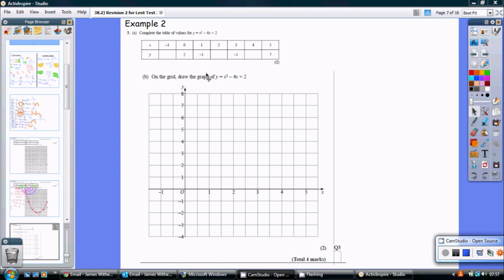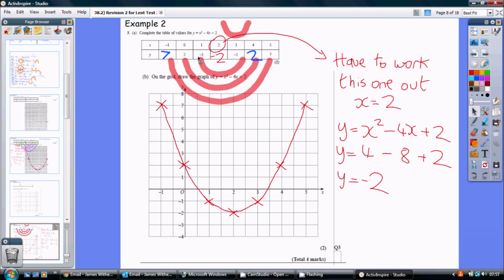So example number 2. Obviously I've got the symmetry straight away here, so I can do the ripple from minus 1 to minus 1. The 2 takes me round to giving me a 2 here, and this 7 takes me round to the 7 here. So the only one I actually have to work out is this middle value here when x is 2.